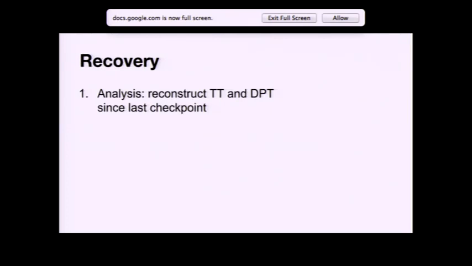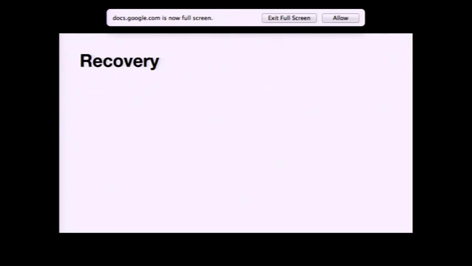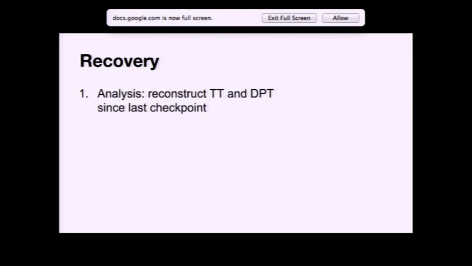So recovery. Let's say that we're trying to do some sequence of actions in the log, and we've written them to the log, and we don't necessarily know whether they made it to disk. So we have stuff in the log, and then our system crashes. What are we going to do? We need to recover everything that we had beforehand and continue executing. There are 3 phases of recovery.